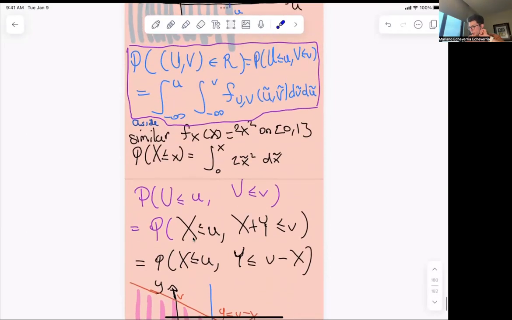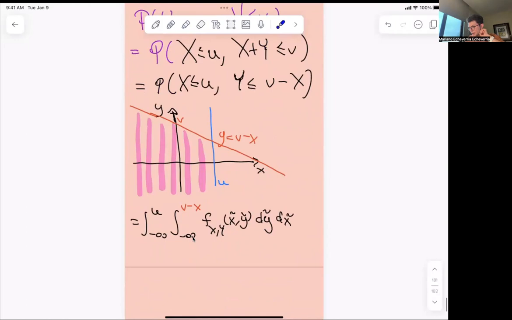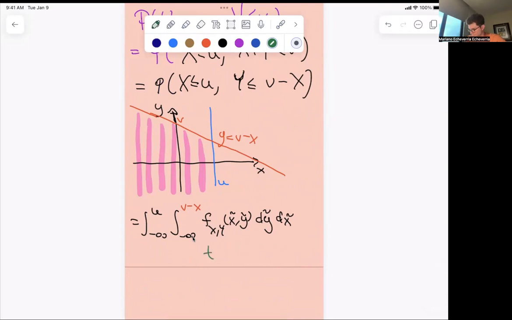Okay, so we're almost there. Let's just make a change of variables, t, which will be, what do I want? Let's see. It's kind of silly, but here's the thing.